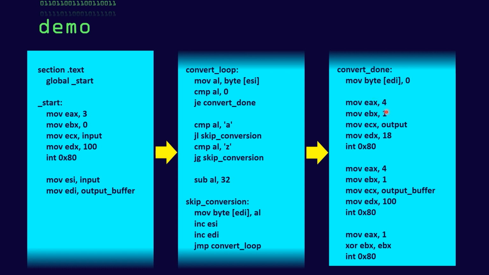And whenever we are moving 1 to the EBX, which is the base register, we are telling the computer, hey, we're going to print something on the screen. Then for the move ECX, we are just telling the computer, hey, this is the value that we want to output. And for EDX, we are just telling the computer the length of this output is 18 bytes, which in this case will be 18 characters.